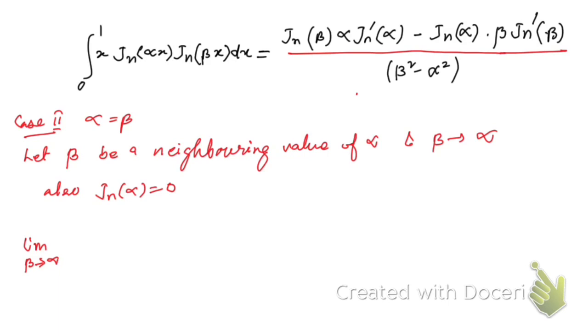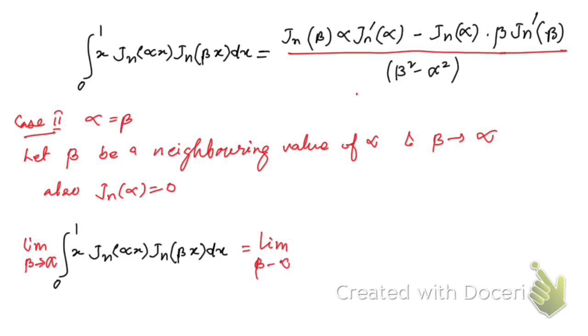Let me write the left hand side. This is beta tends to alpha, not infinity. On the other side, limit again beta tends to alpha, and as Jn alpha becomes 0, we write beta tending towards alpha and Jn alpha equal to 0.